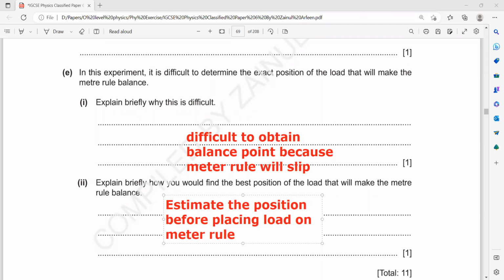So always we do this estimation before we place a load on the meter rule or meter scale. So this is a common difficulty in this experiment, a balancing experiment, that the meter rule topples or slips when we try to balance. So we just estimate the position before we place the load on the meter rule.